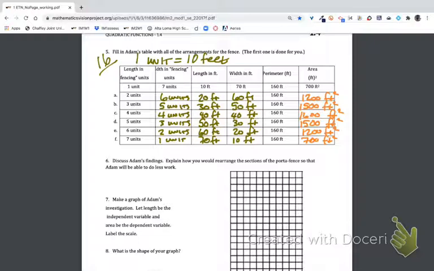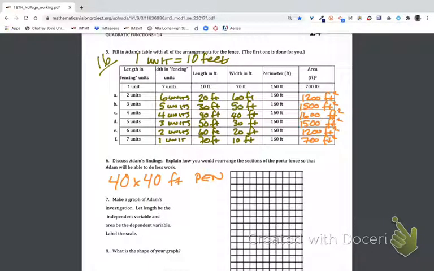So what he should do is create a 40 by 40 foot pen, and then I'll let you figure out what that looks like. Why would it be better to have a 40 by 40 pen than a 70 by 10 or a 60 by 20 or a 50 by 30?